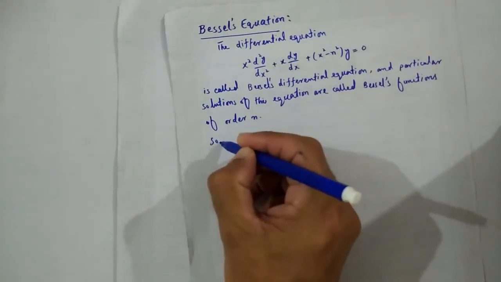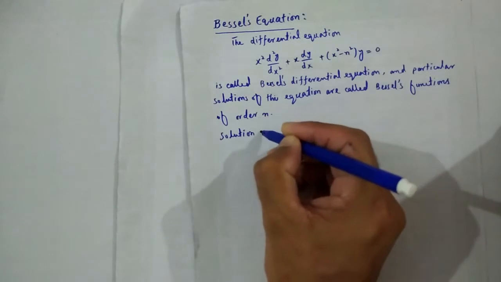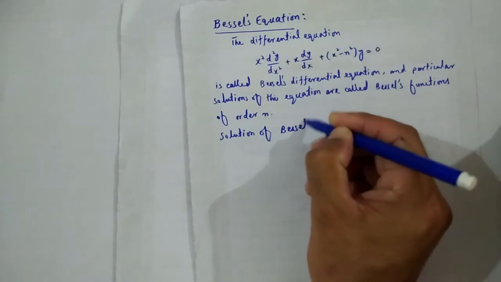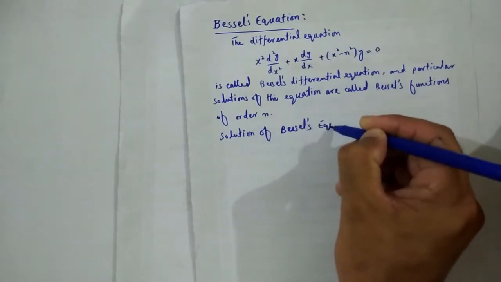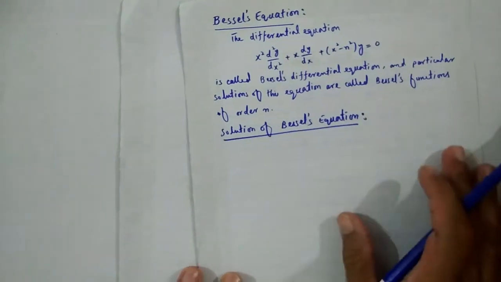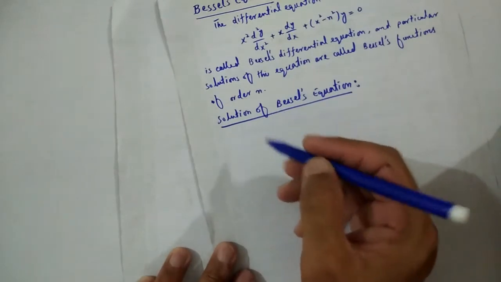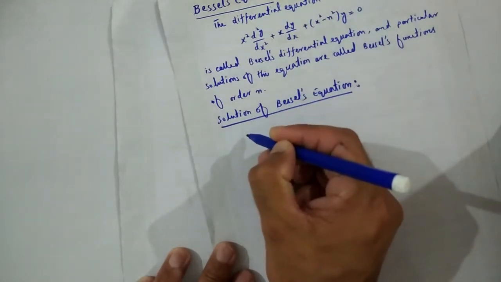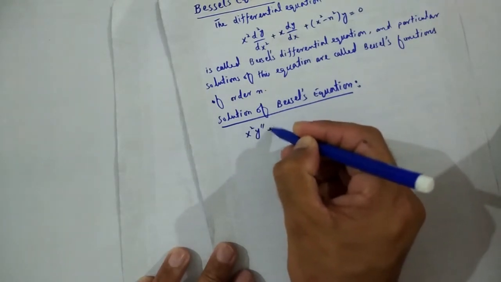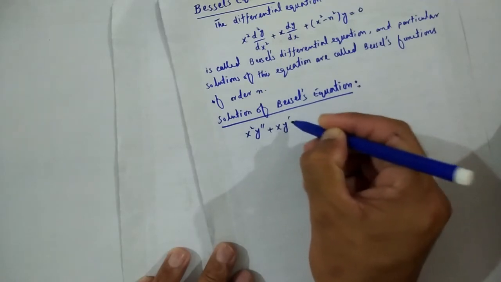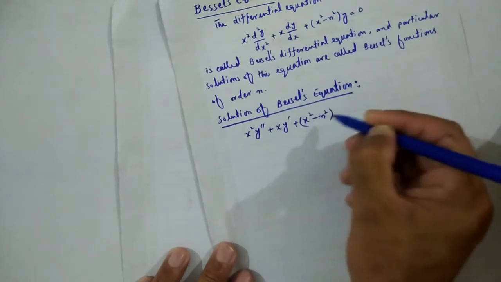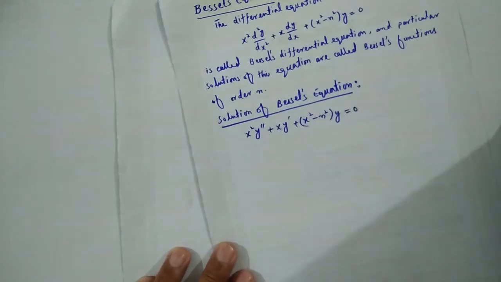Solution of Bessel's equation. So we have the equation x square into y double prime plus x into y prime plus x square minus n square into y is equal to 0.